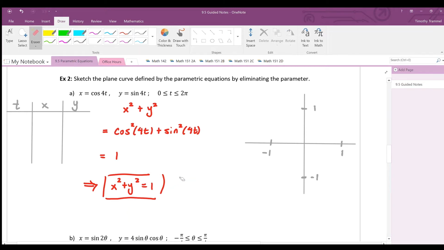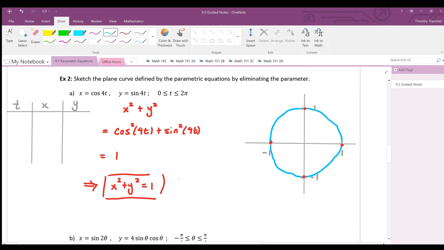Well, this is a circle of radius 1 centered at the origin. Let's go ahead and make that happen. And do our best here to make something that looks like a circle. In fact, this is our unit circle, isn't it?